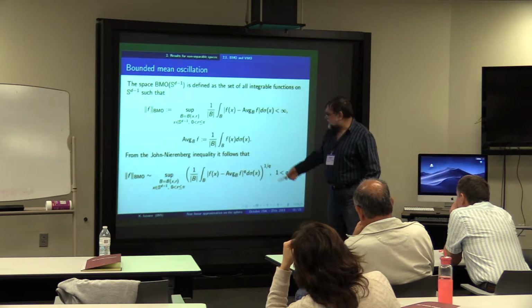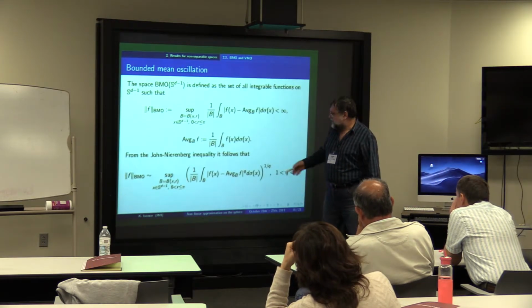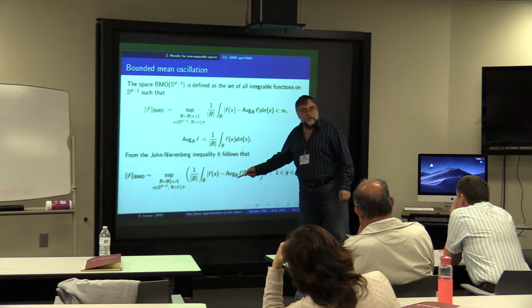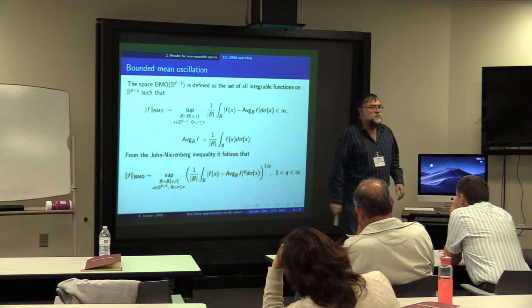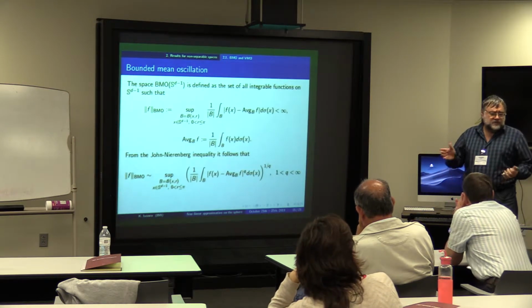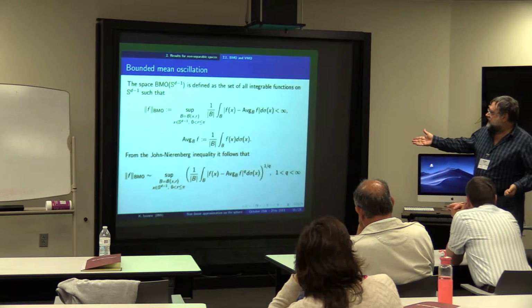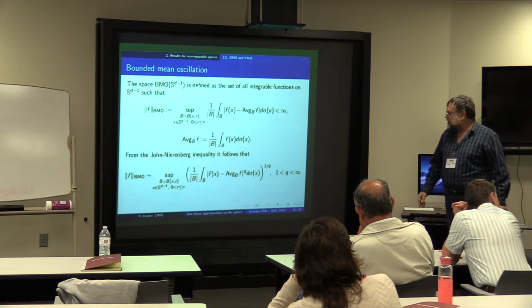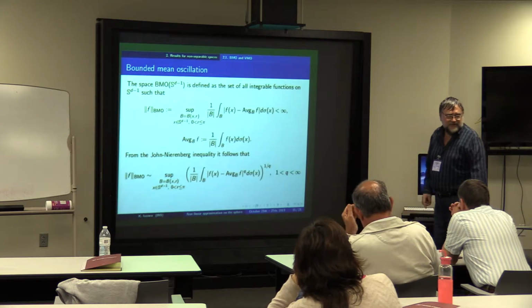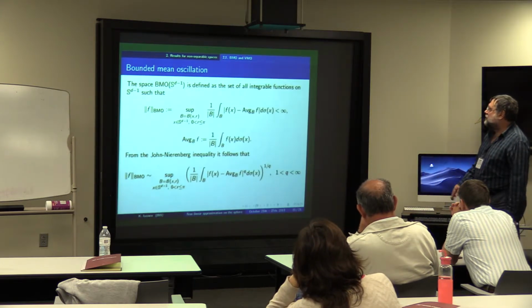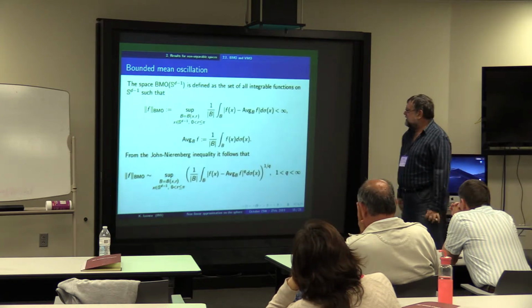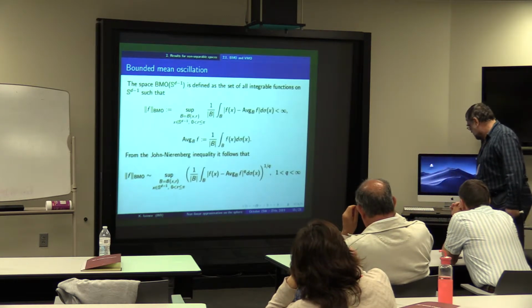In fact, this is also true for q between 0 and 1, but you cannot take the average here. You have to take the infimum, best approximation with constants, because for q less than 1, you don't have averages. Okay, so we have BMO and an equivalent norm in BMO.